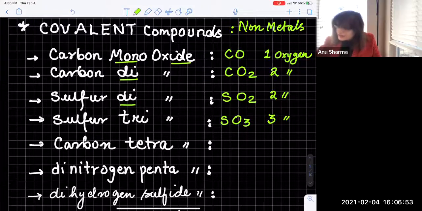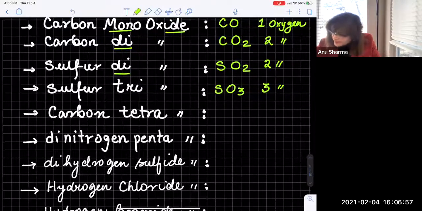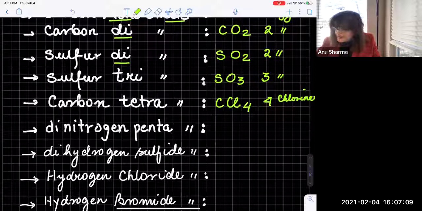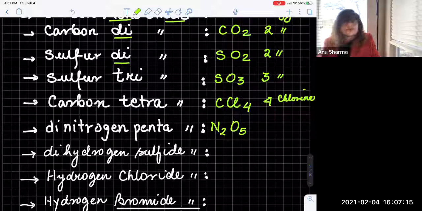And then comes carbon tetrachloride. So here is your carbon. Tetra means four chlorines. All right, then comes dinitrogen pentaoxide. Dinitrogen means two nitrogens, pentaoxide means five oxygens.